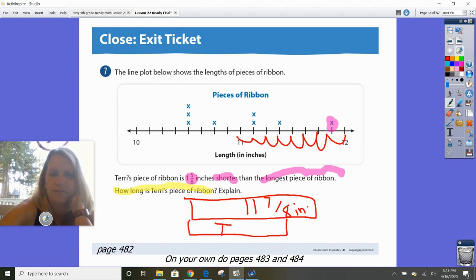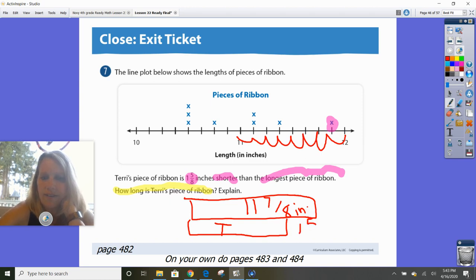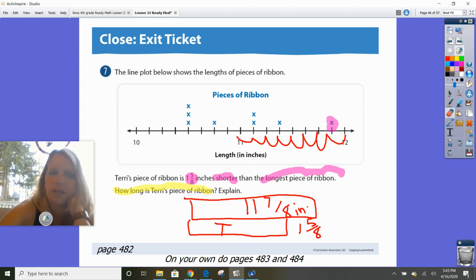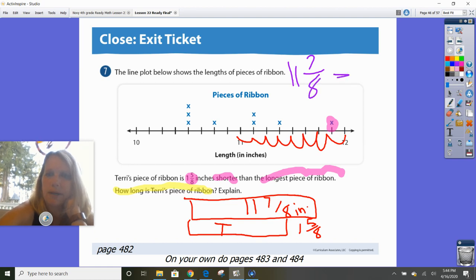Terry's piece is shorter. There's Terry's piece. T for Terry. And it is 1 5/8 inches shorter. All right. So I need to subtract. I'll make it bigger right here. 11 7/8 minus 1 5/8.